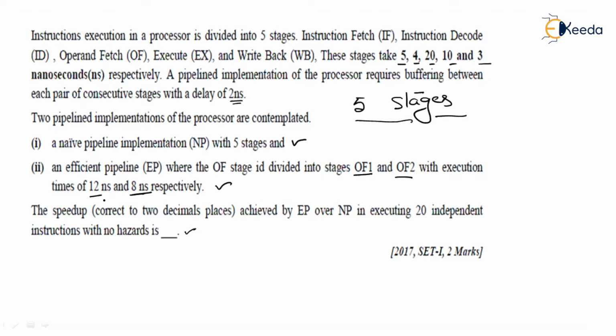You know that more the stages, more the speed up; less the stages, less the speed up. So in order to achieve more speed up, the designer is inclined to go for more stages by improving the current pipeline. Let us have a look at how it is going to look.